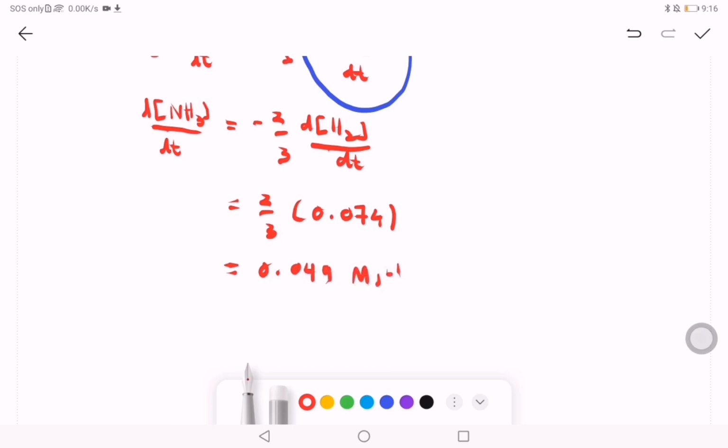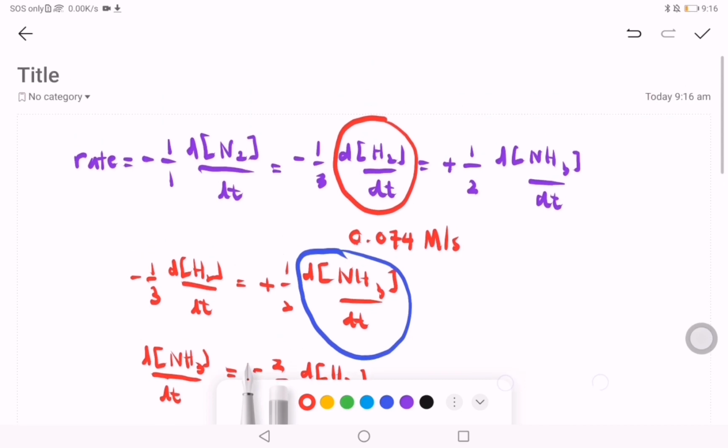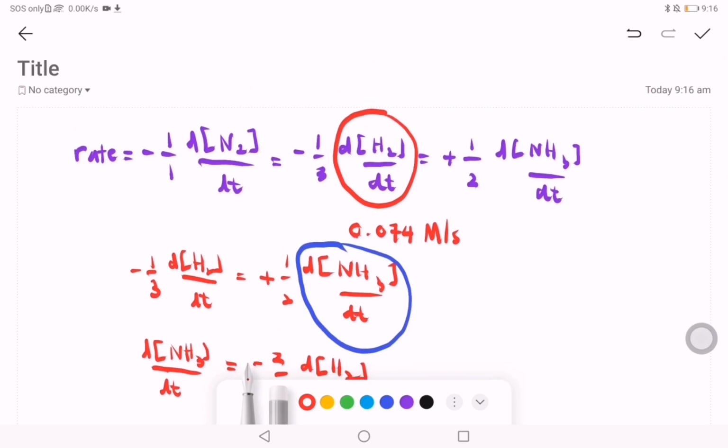That's for question A. Now let's go to question B, depletion of nitrogen. Depletion ni maksudnya pengurangan. So, nitrogen ni kat sebelah reaktan, so dia akan berkurang lah. So, kita just compare antara nitrogen dengan hydrogen.